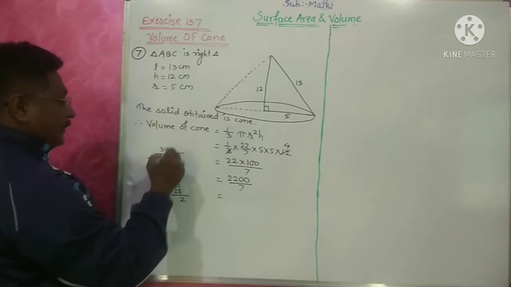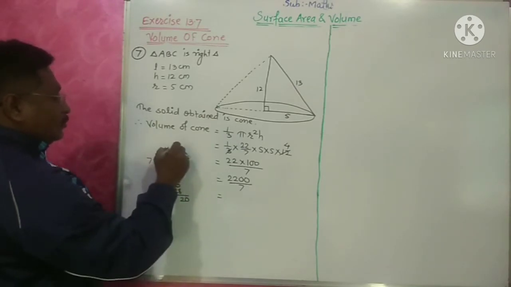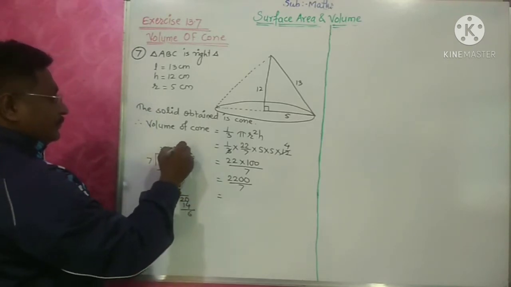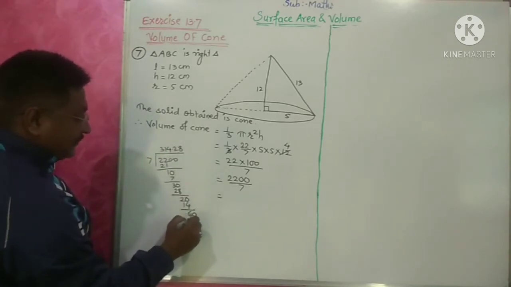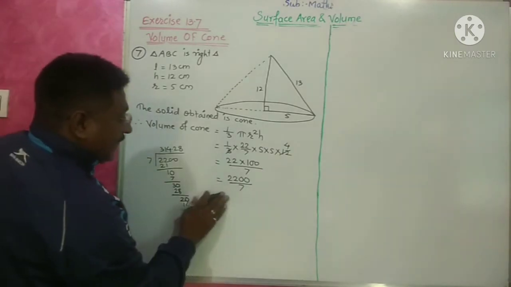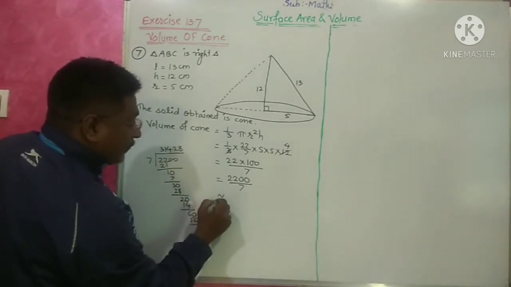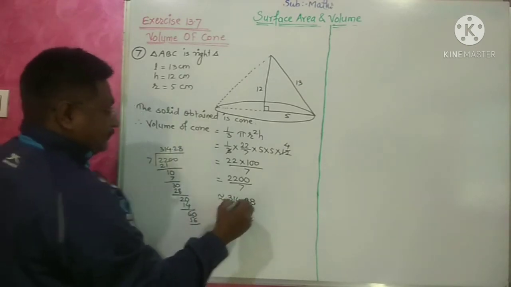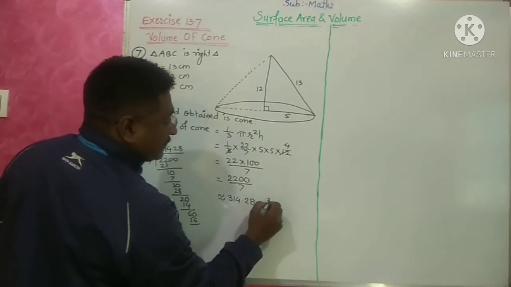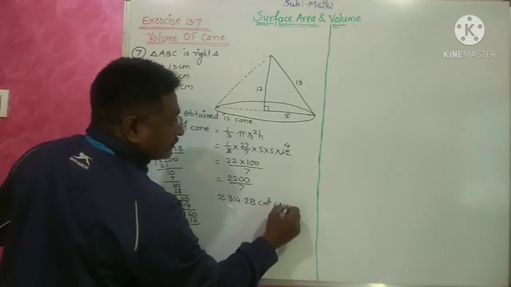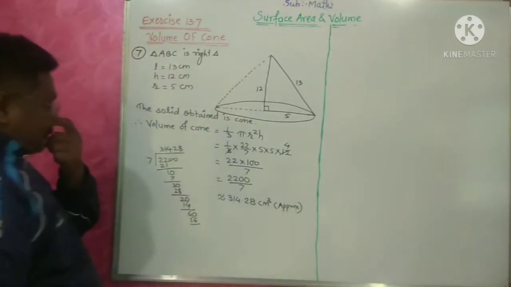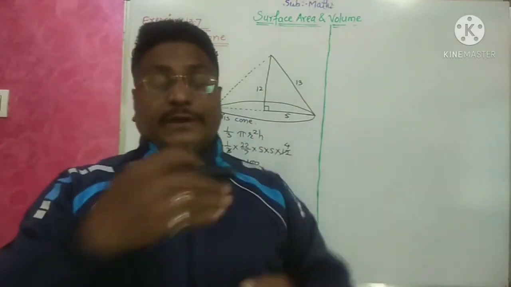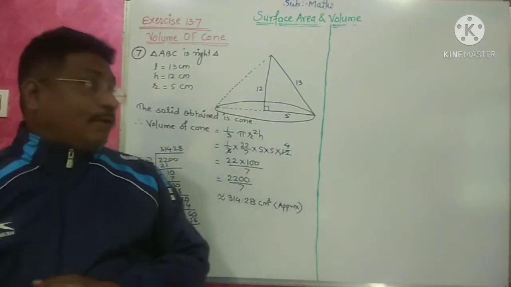Point. 7 twos are 14. 7 eights are 56. So it is approximately 314.28 cubic centimeter. Understood how to find? According to the side it is rotating about, it will form the solid.